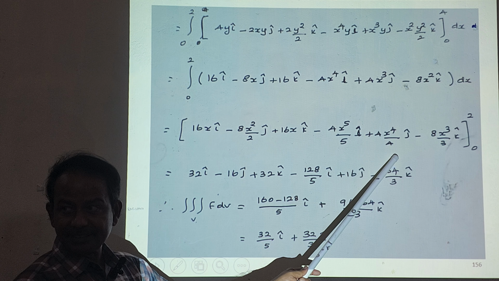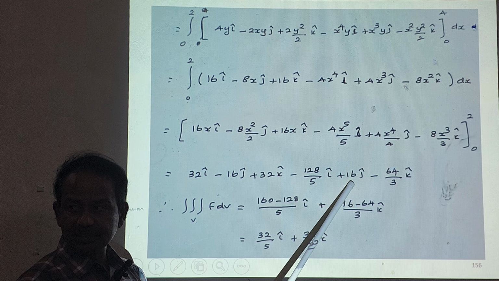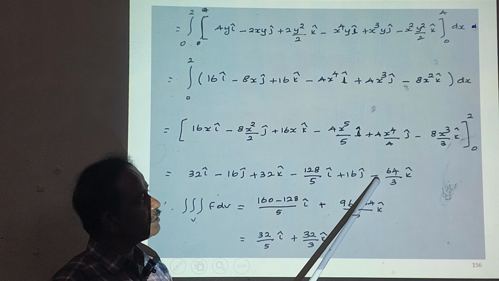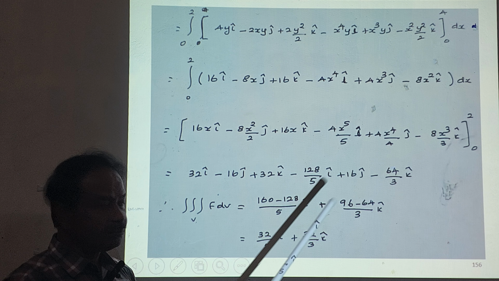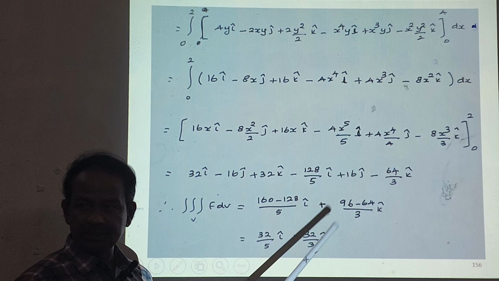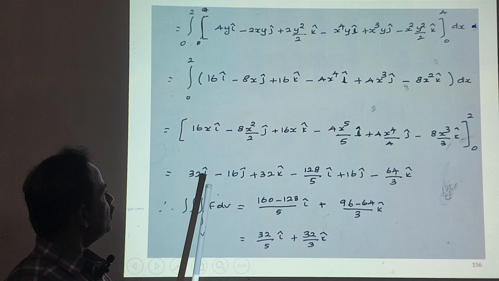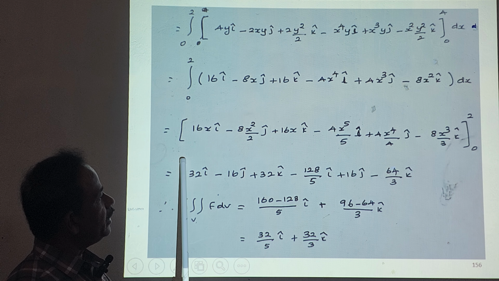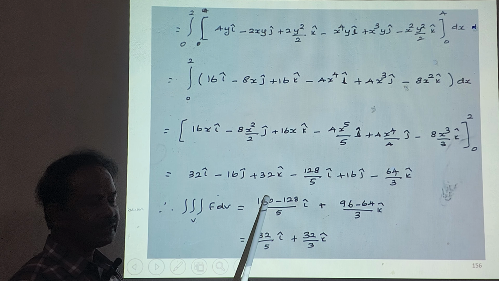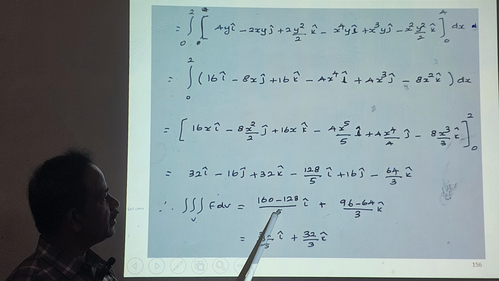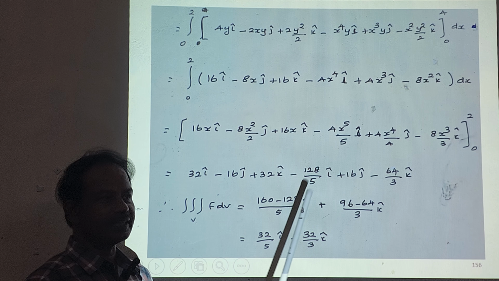Here 4 will get cancelled. This 4 and this 4 will get cancelled. 2 to the power 4 is nothing but 16, and the last one is 2 to the power 3, which is nothing but 8. So 8 multiplied by 8 divided by 3, which is nothing but 64 by 3. Now this 32i minus 128, we can take the LCM. 16j minus 16j will get cancelled.